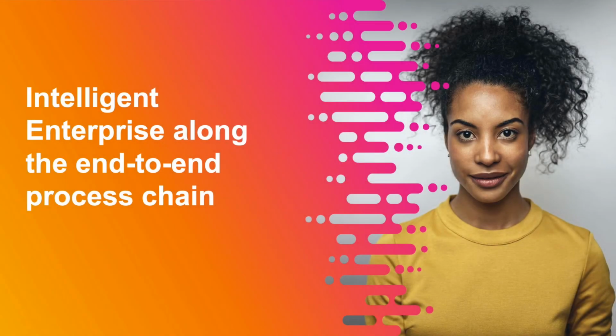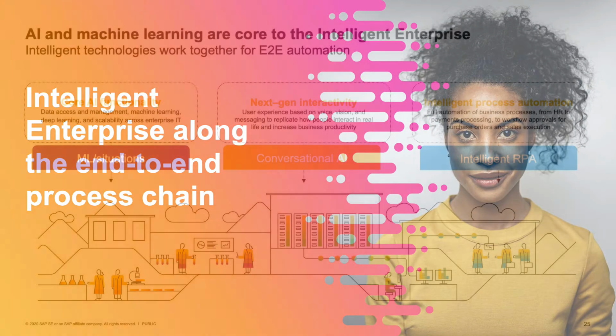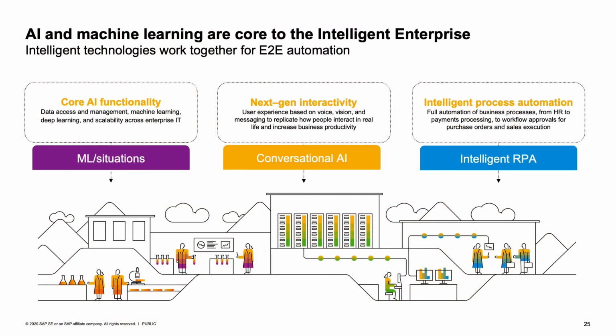Let's take a look at how intelligent technologies help the different end-to-end business processes. We have machine learning and deep learning that help provide scalability across the enterprise IT infrastructure.